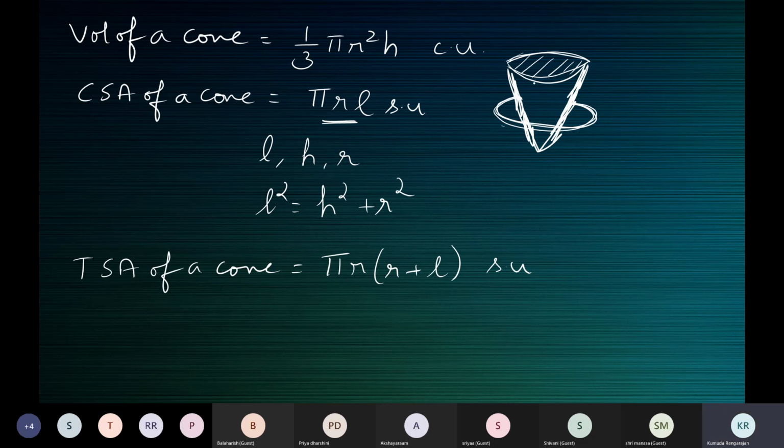The curved surface area pi RL plus the area of the circle pi r square is the total surface area. So pi r is common, so we get pi r into L plus R.